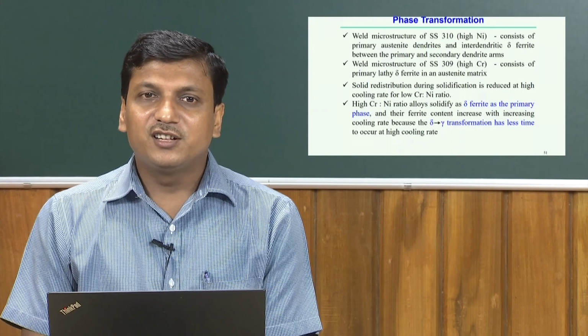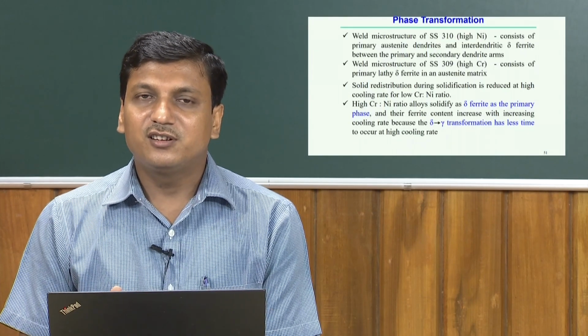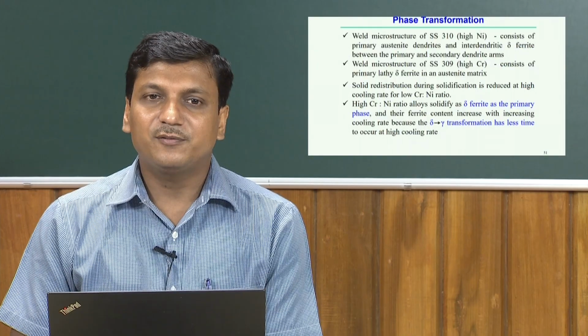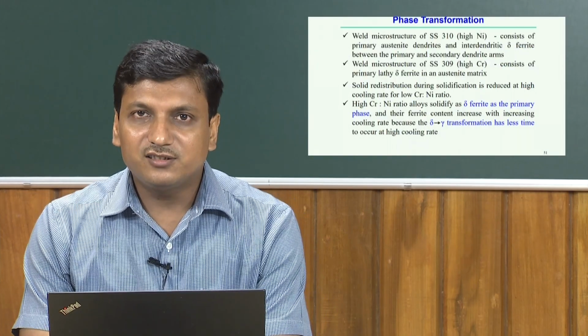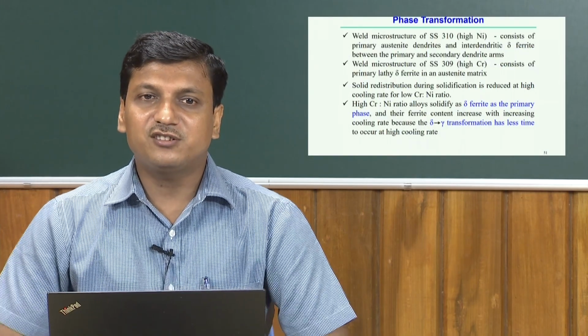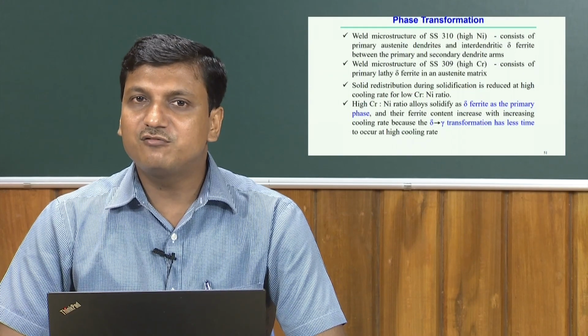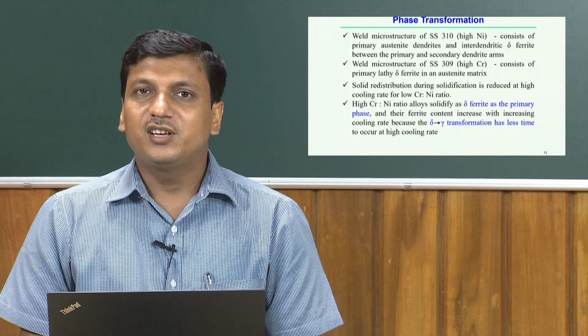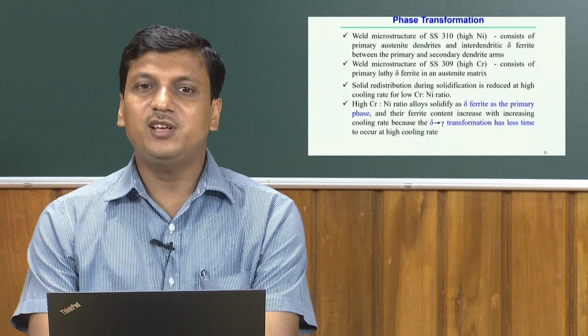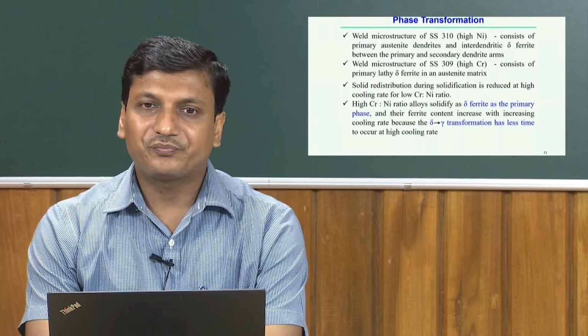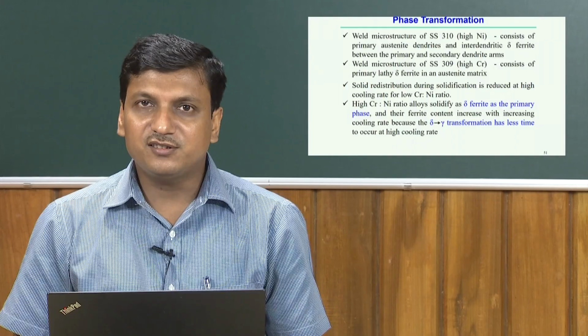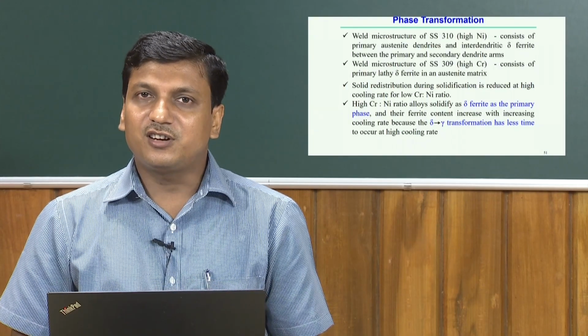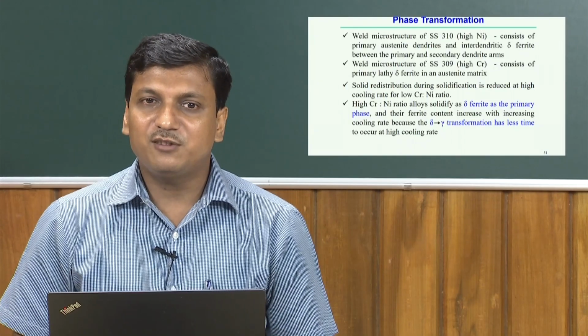Normally, solid redistribution during solidification is reduced in the presence of a high cooling rate, because at a very high cooling rate the transformation time from one phase to another is very short, and that may be the reason.